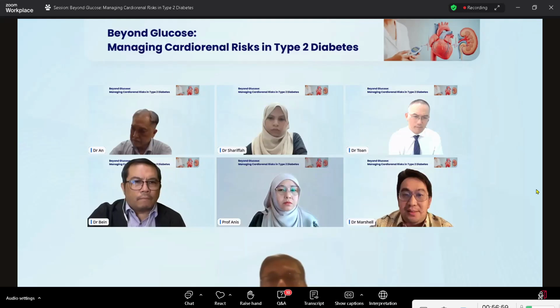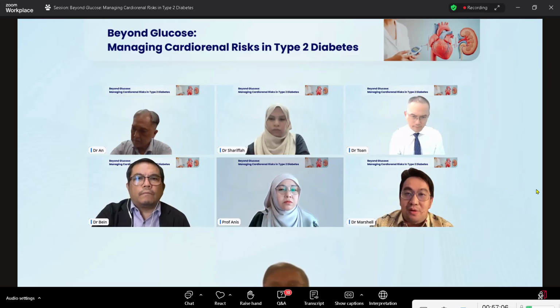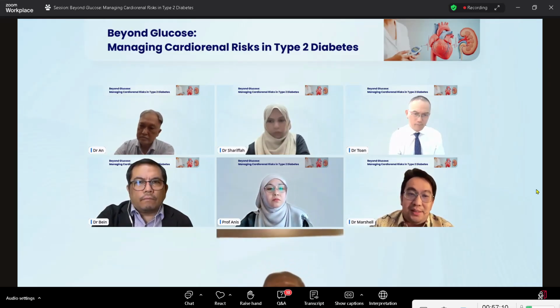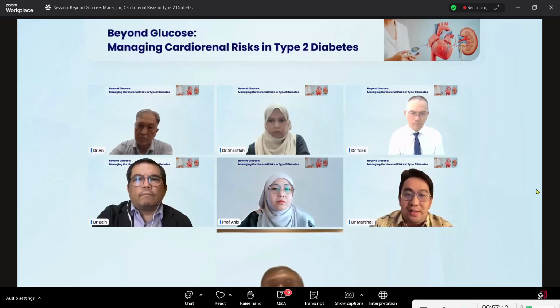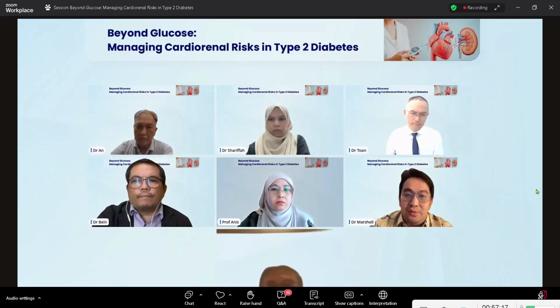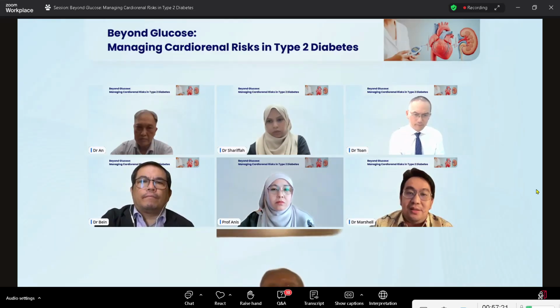In such cases, we stop the statin and change to another more tolerable therapy like PCSK9 inhibitors and the newer regimens we have. The other thing we have to be careful about is statin in combination with ezetimibe.